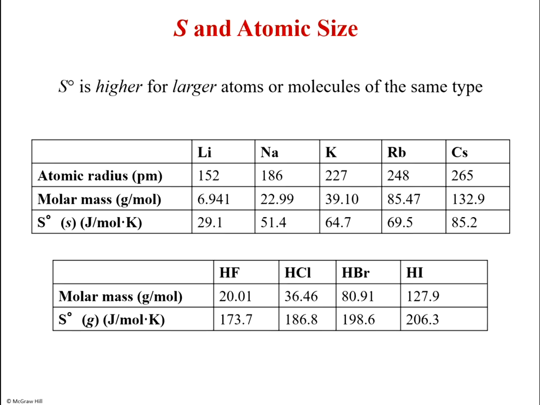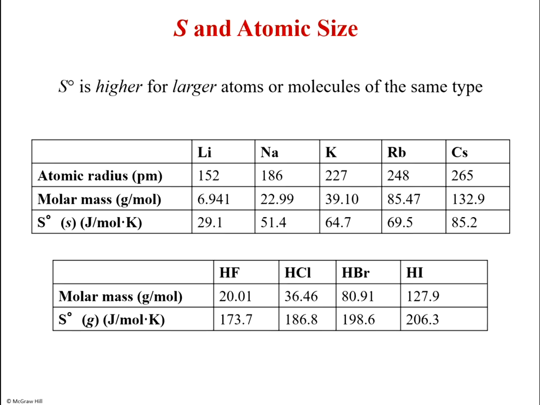We also see that entropy is affected by the atomic size. How does this go? Well, in general, the standard entropy for larger atoms is higher than that for smaller atoms. And we already saw earlier that larger molecules or more complex molecules have higher entropies than smaller or less complex molecules.